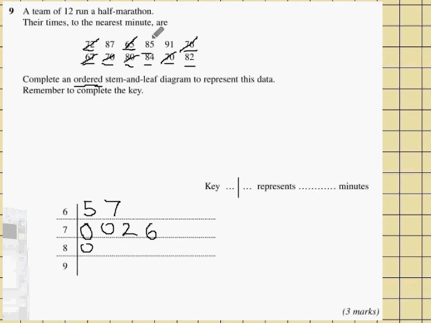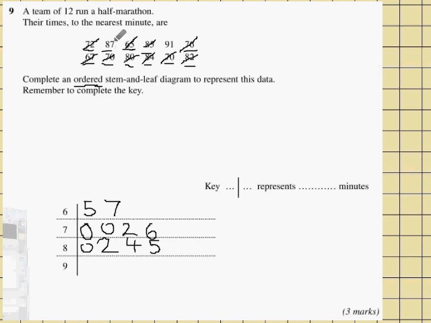What next was smallest? 85, 84, 82. Well, 82 comes before 84, so that will be next. I write a 2, cross it out. 84 and 85. 84 is smaller than 85, so I'll write a 4, and then finally a 5 and cross those out. Oh, I missed one. 87.